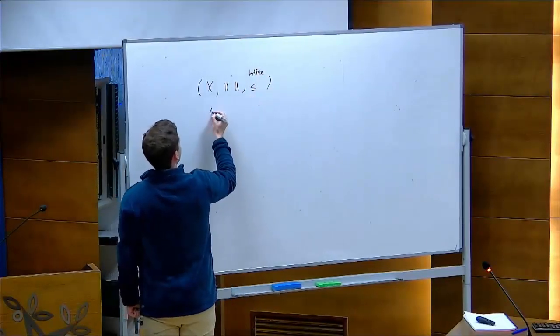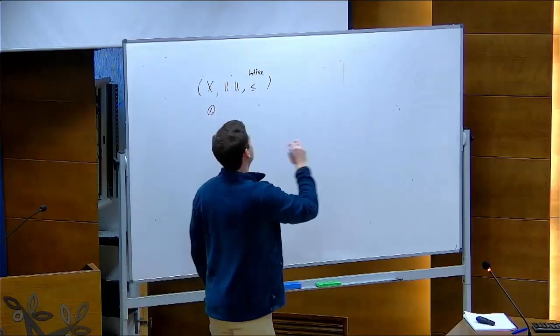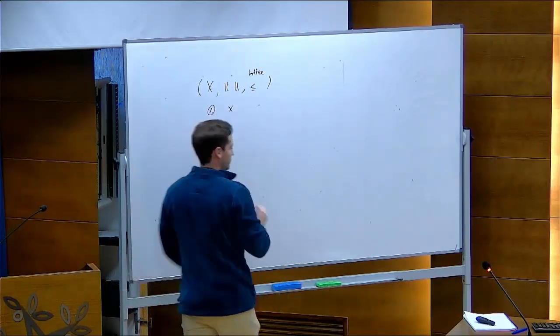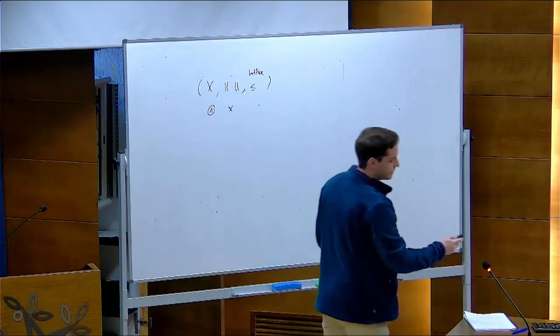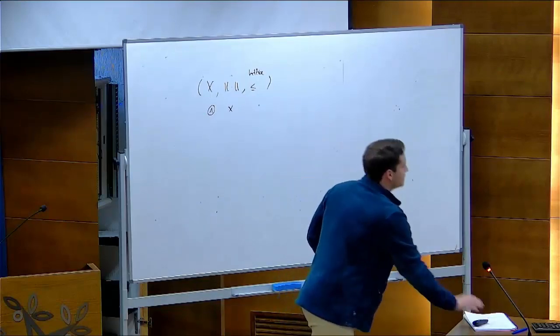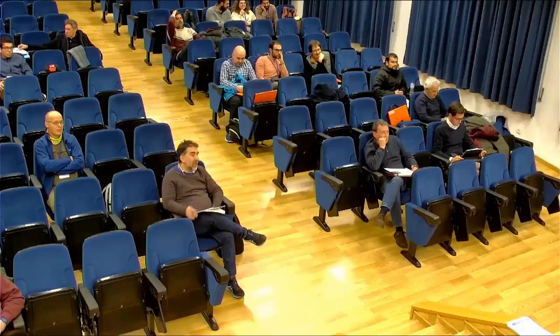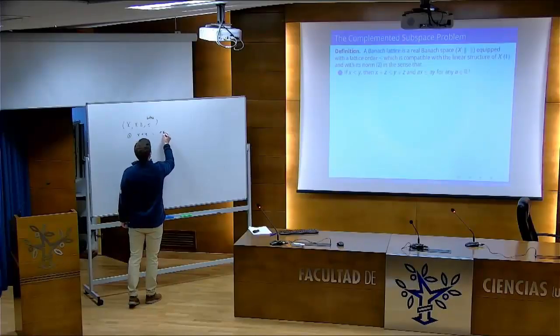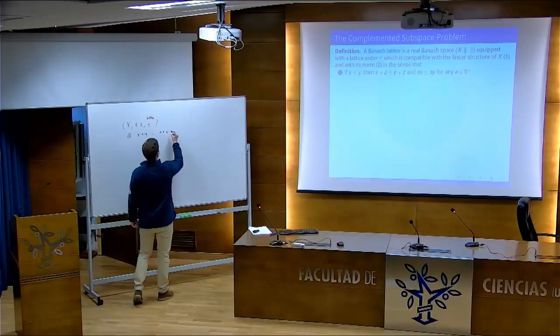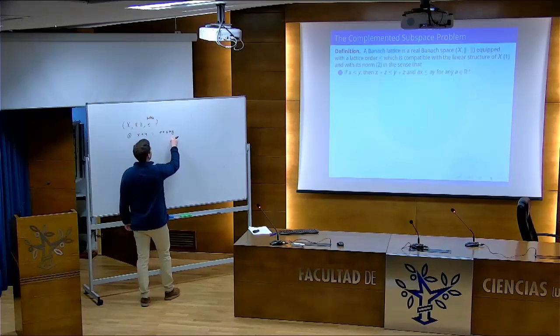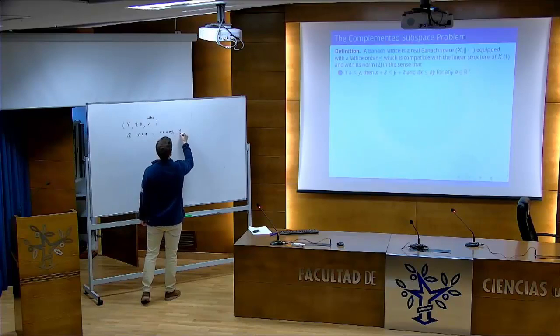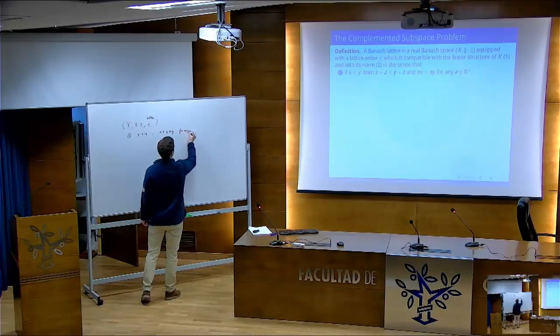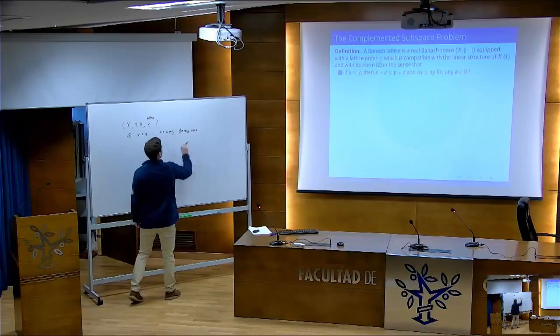And this lattice order is compatible with the linear structure of X in the sense that if we have two elements x and y in X, with x less or equal to y, then ax is less or equal to ay for any positive a.